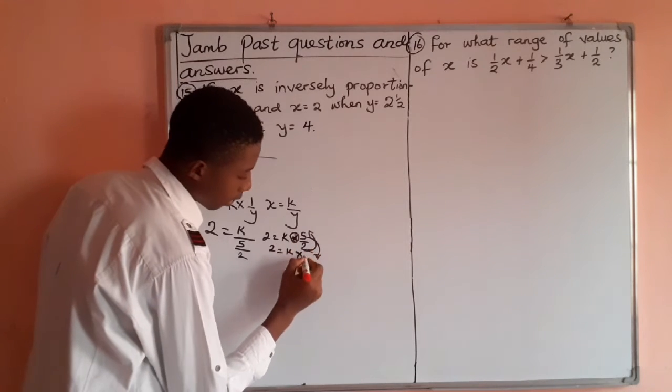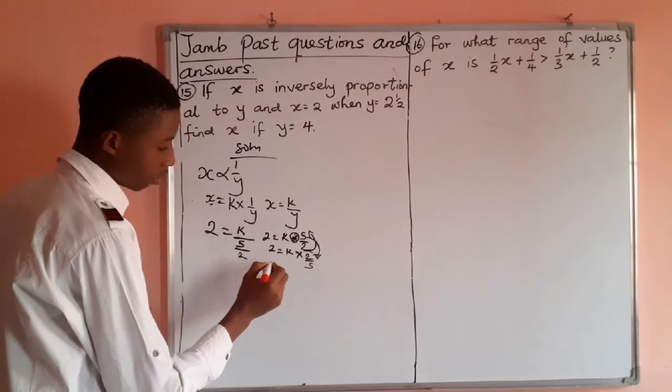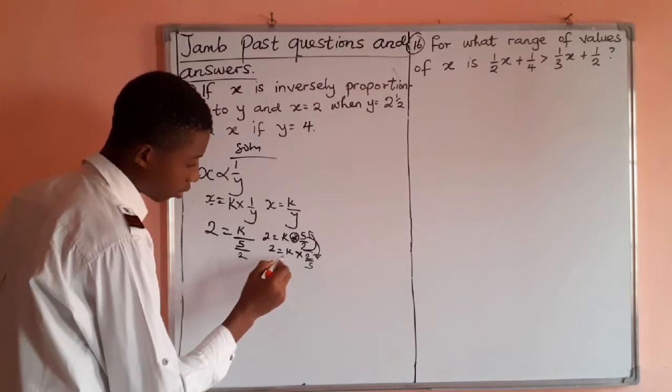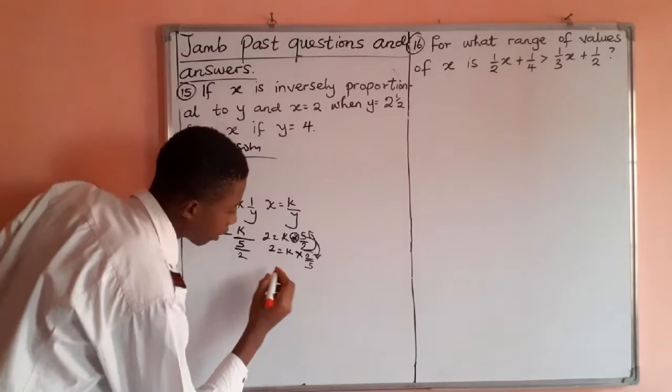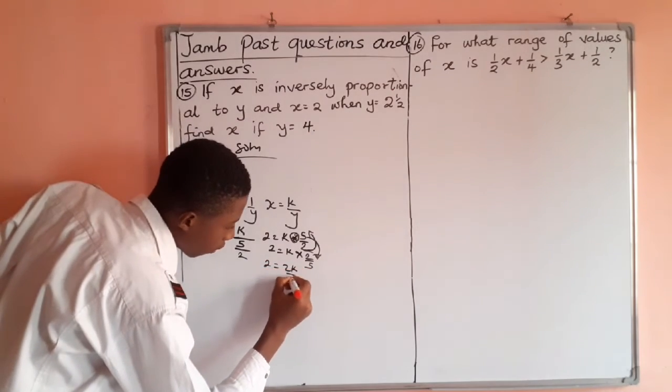So k times 2 all over 5 will be giving us 2 times k is 2k all over 5. 2 is equal to 2k all over 5.